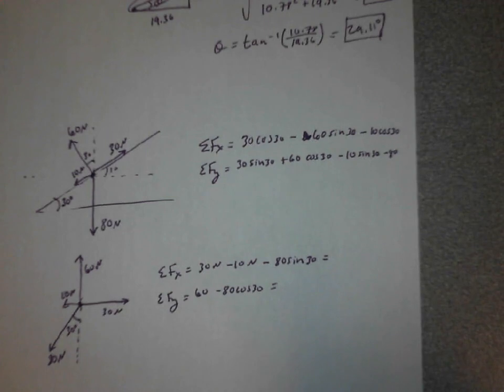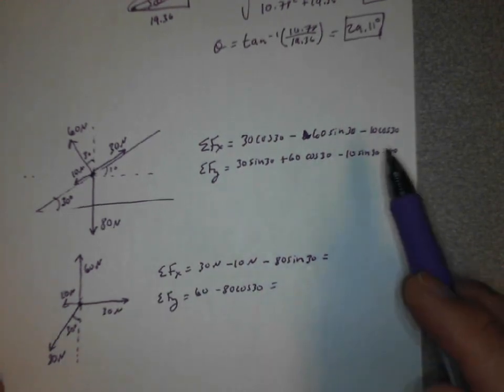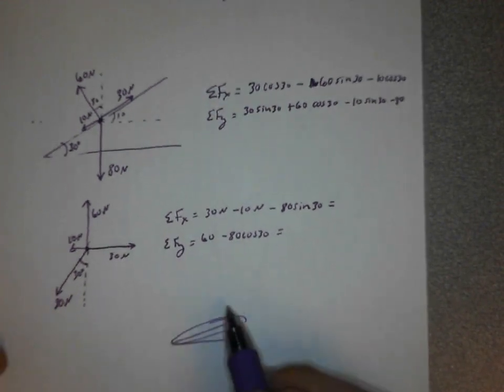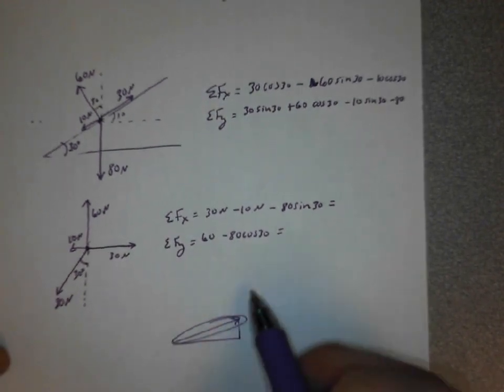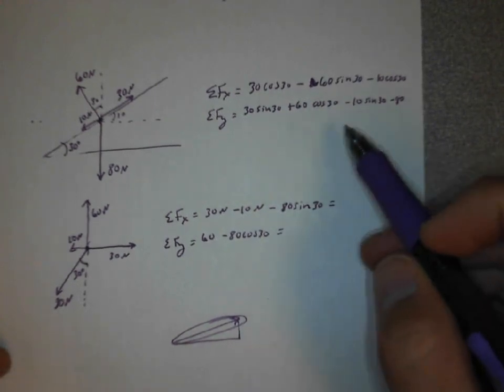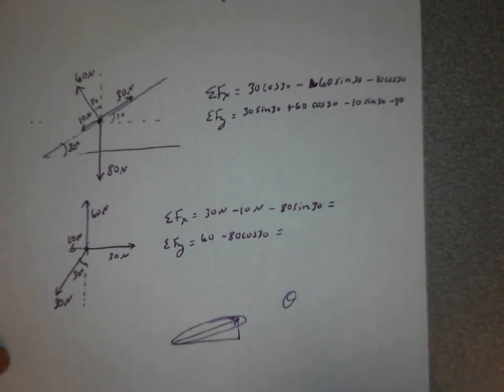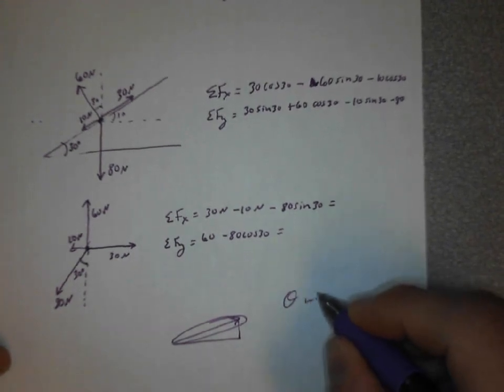What you need to look for, if you do both these ways, when you draw out your resultant vector, whatever this is, when you draw out that length right here, that value needs to be the same for both scenarios. The only thing that's going to be different is the angle.